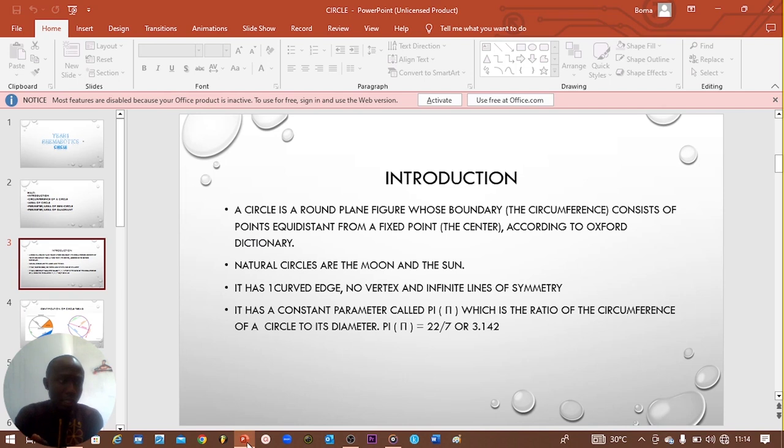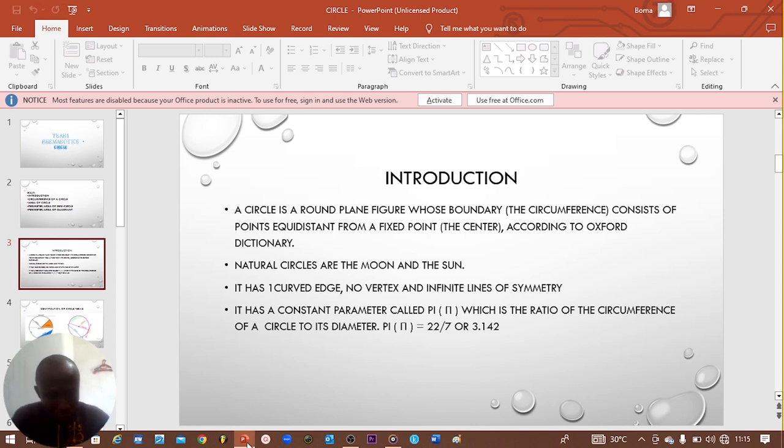I'm going to say that again, the last point I was talking about, the pi. The pi is the ratio of the circumference of any circle to its diameter. Actually, the ratio of the circumference of any circle to its diameter is the same for every circle. Let me say that again.